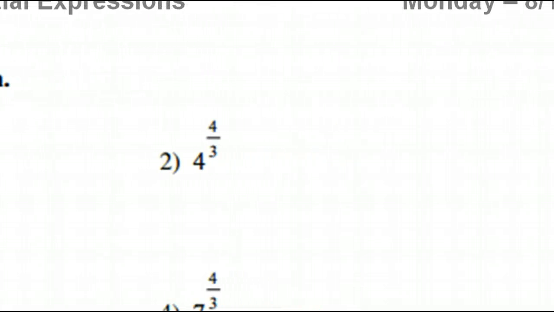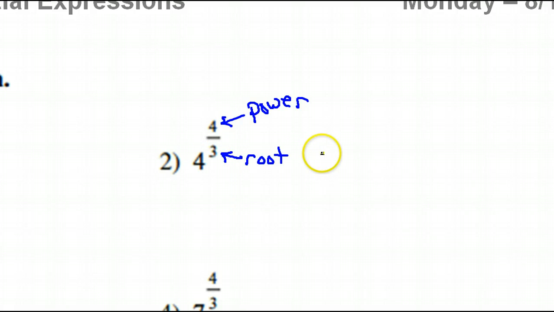Okay, number 2. Now this has both parts. Just understand, anytime you see a fractional exponent, the numerator is the power and the denominator is the root. It's always in the form power over root. So let's start with the root of 3.